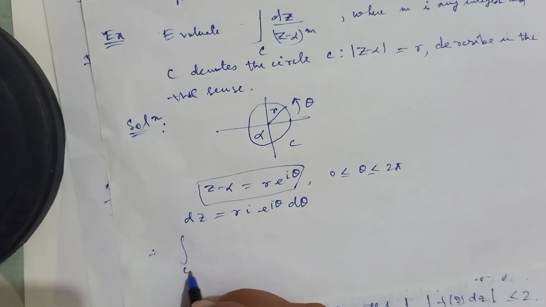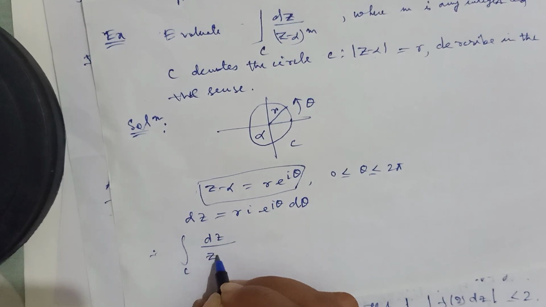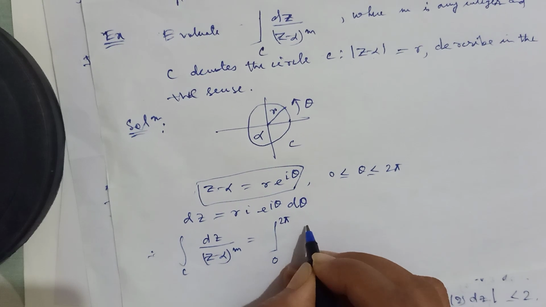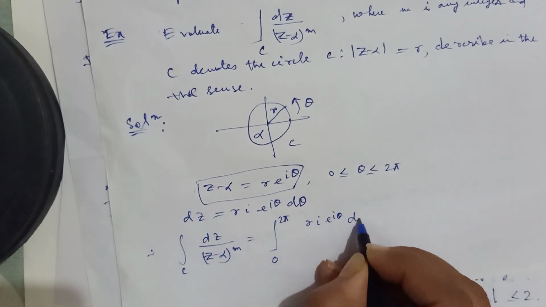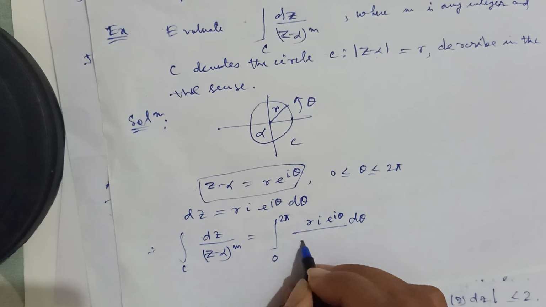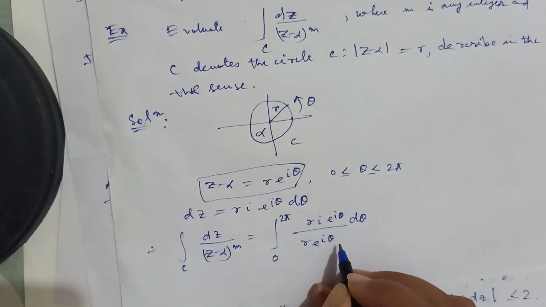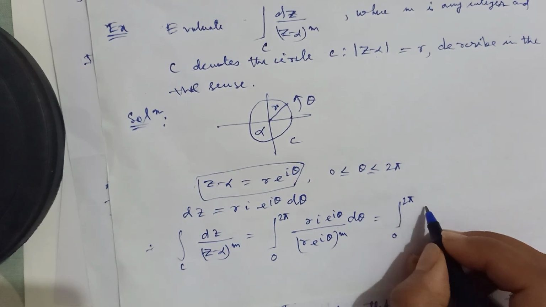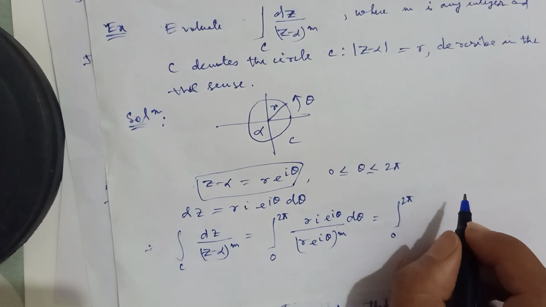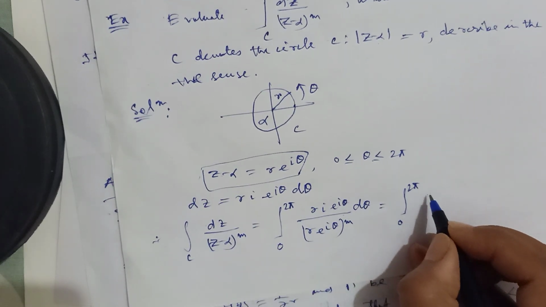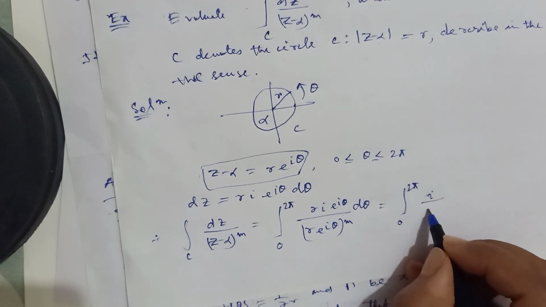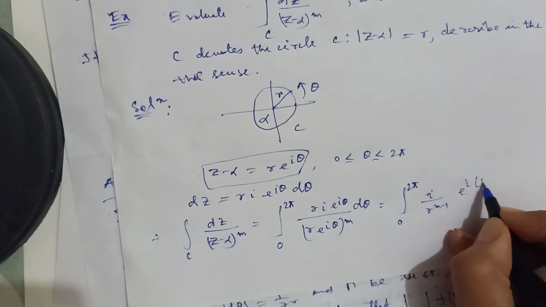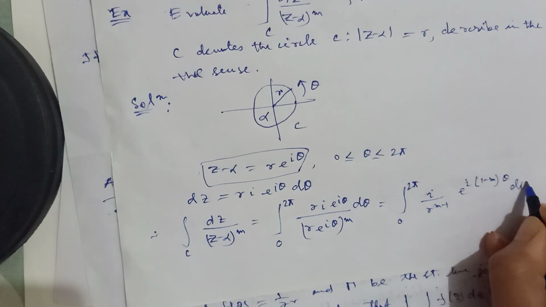So the integration over c of dz by (z minus alpha) to the power m equals the integration from 0 to 2 pi of r i e to the power i theta d theta, divided by r to the power m e to the power i m theta, that is equal to the integration over 0 to 2 pi of i by r to the power m minus 1, e to the power i(1 minus m) theta d theta.